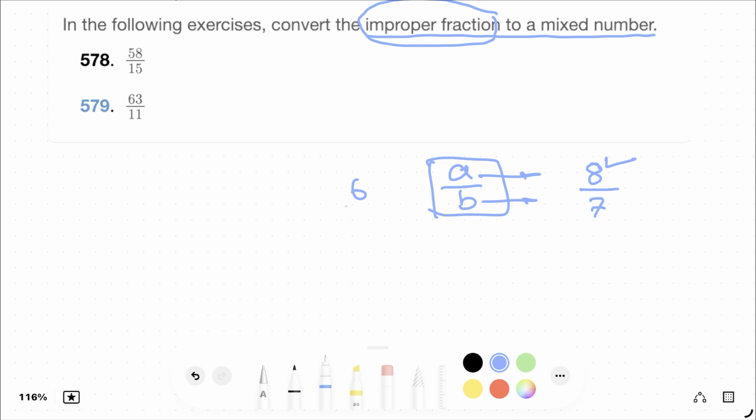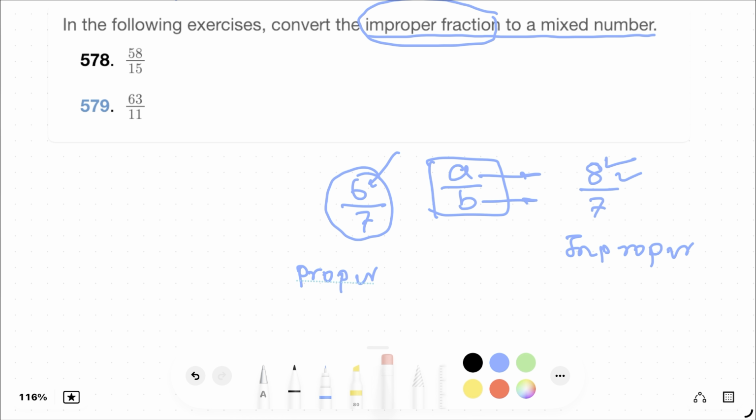So 6 upon 7 is not an improper fraction because here the numerator is smaller. This is called a proper fraction. If the numerator is bigger, it is called an improper fraction.